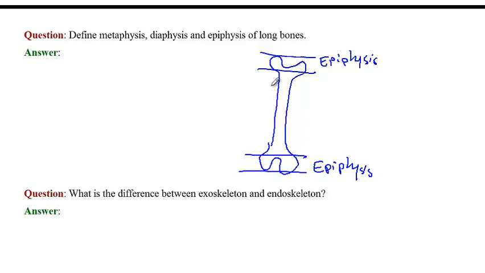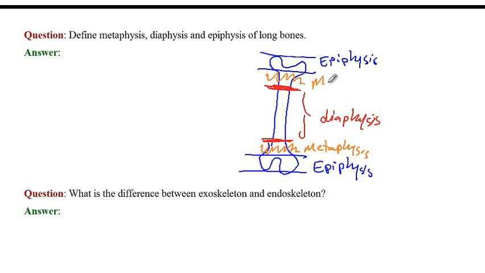The shaft of the bone is called diaphysis, which is made of a compact bone. And then finally, in between the epiphysis and diaphysis, there's a transition zone that we call metaphysis. Okay, and here we have metaphysis.